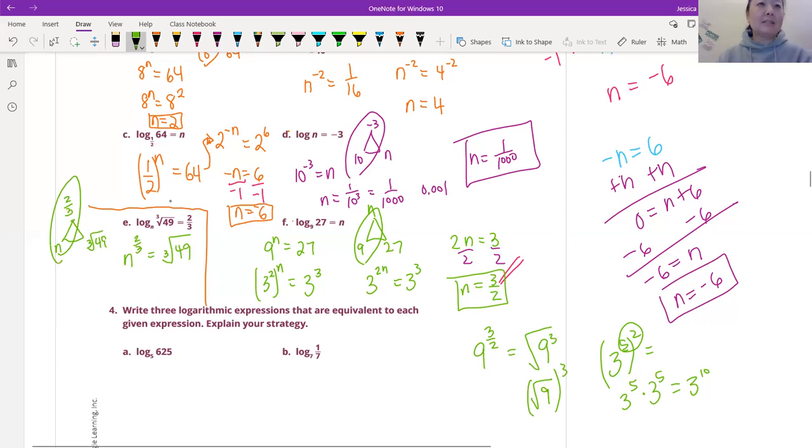Okay, well, remember we were talking about these, right? Let's convert that cube root to an exponent. We know how to do that. So this is going to be n to the 2/3. Well, 49 to the cube root is the same thing as 49 to the 1/3.